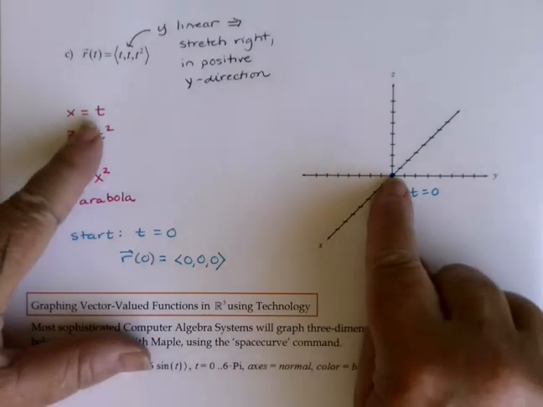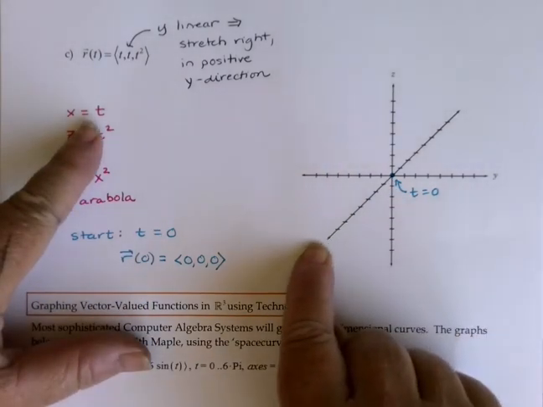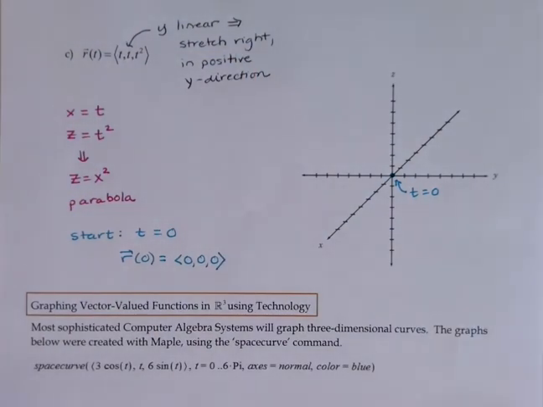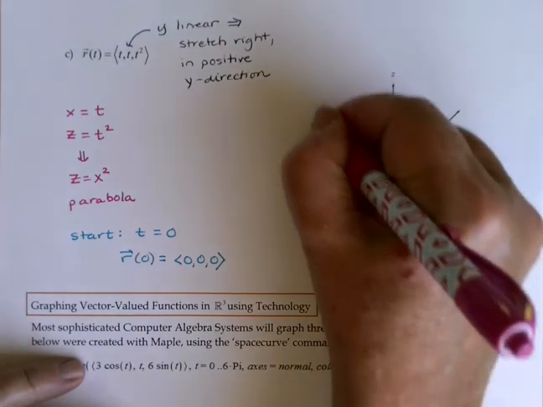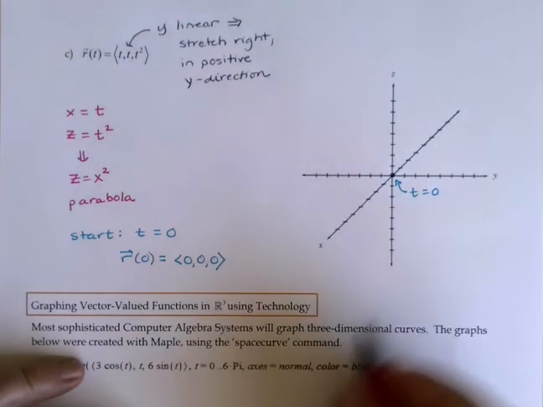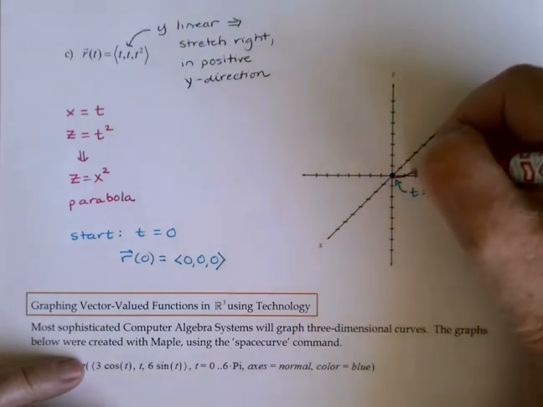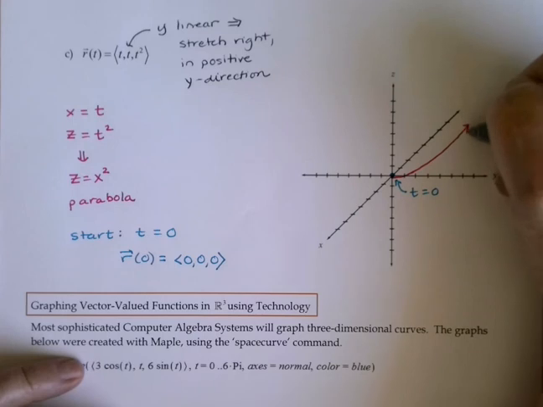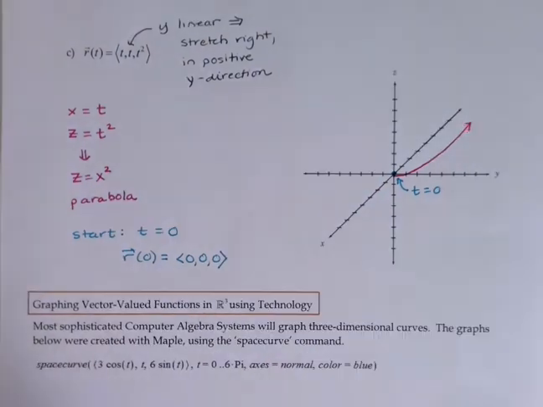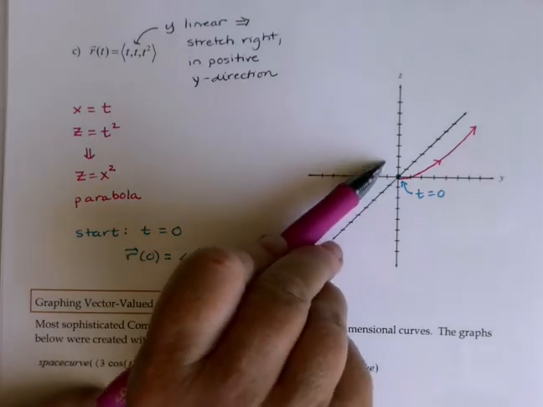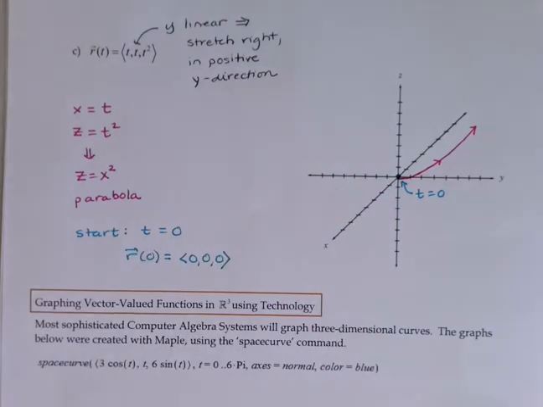I'll be looking only at the positive values of x, and they'll have to be stretched right or forward in that y direction. So instead of staying in the xz plane, this is going to come forward as I go up. Kind of like so. And if I allowed for the negative values of t, they would have gone backwards in the negative direction. But I'm only going to draw the ones that are coming forward, the positive ones.